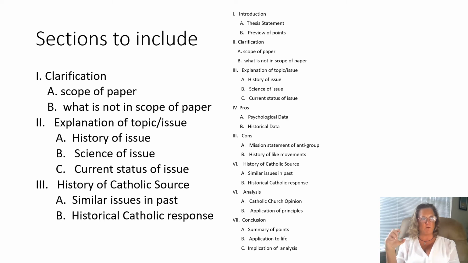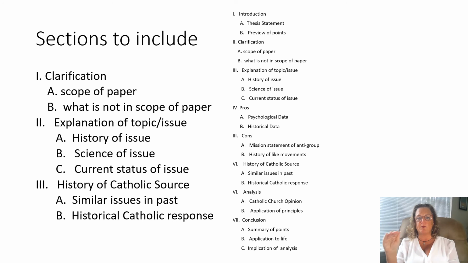If you're talking about stem cell research or in vitro fertilization or one of those things, you're going to need to explain the science behind what's going on, because it is in that process, for instance, that you're going to be making some of your main points, okay? The history of the issue, and so on and so forth.